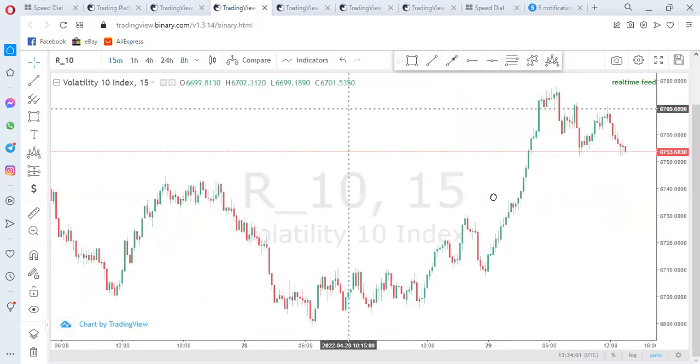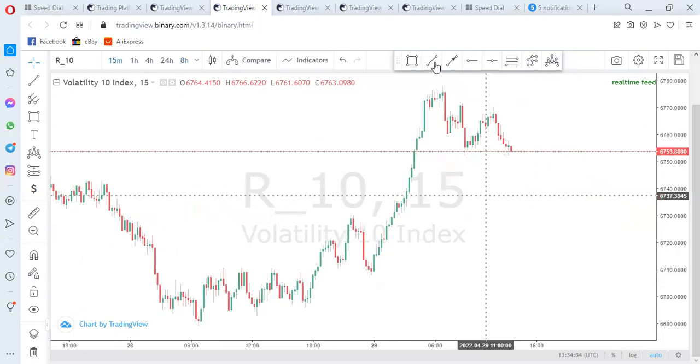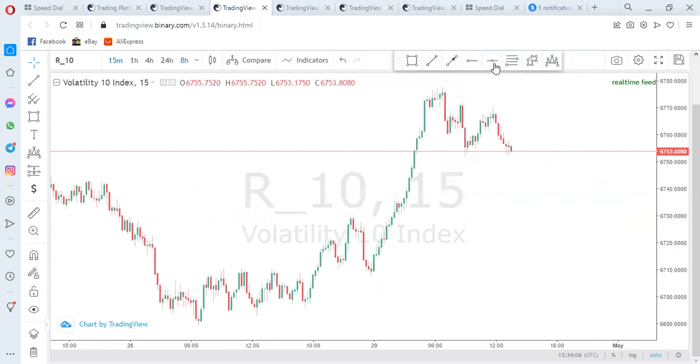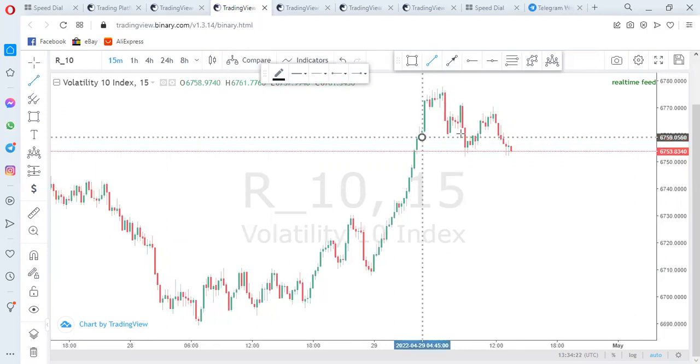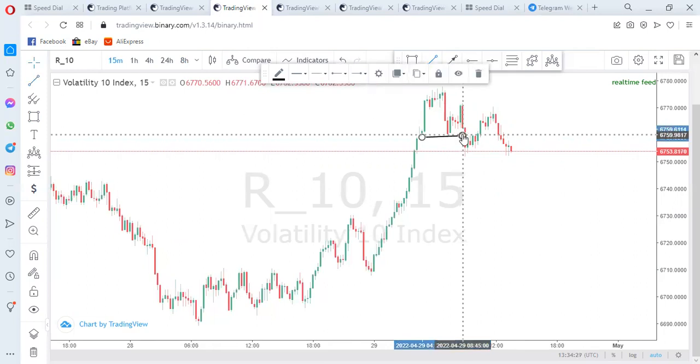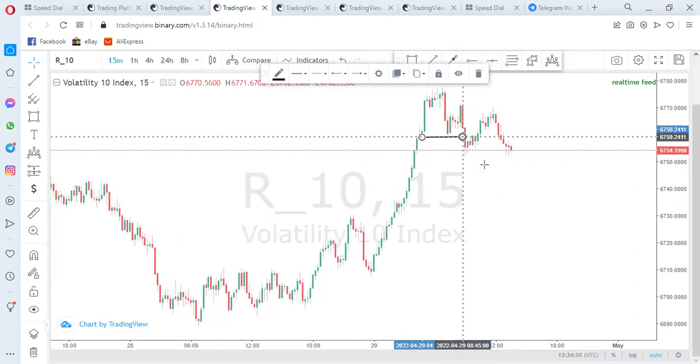Now, coming to the 15 minutes time frame, you can see it is giving us a very good sell. That's one of the importance of making use of the higher time frame. It makes you see better what the market is actually doing. We have a change of character or a break of structure, as you might want to call it. The 15-minute structure got broken to the downside there.